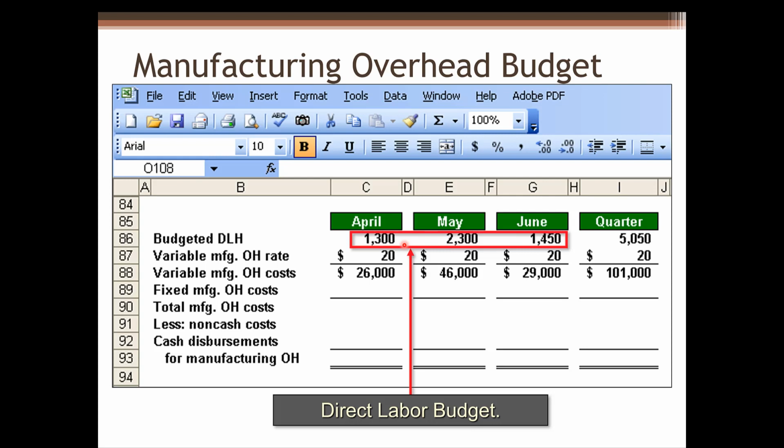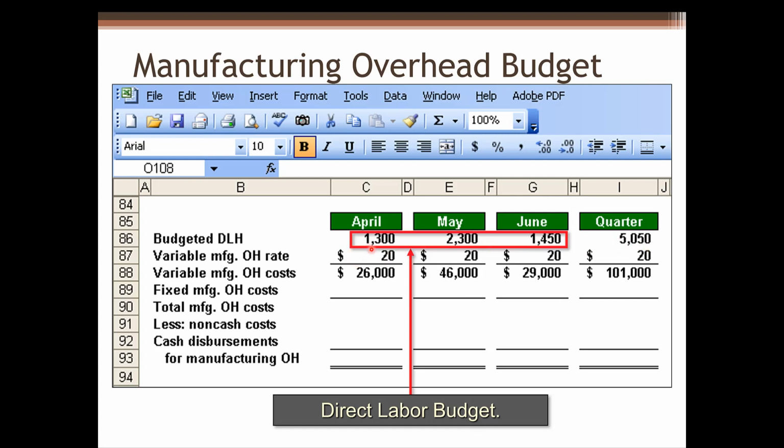Please note here, these are required direct labor hours to produce products to meet production requirements. We are not using the direct labor hours paid because for April and June, required direct labor hours are less than guaranteed labor hours. So, budgeted direct labor hours total for the quarter, 5,050 hours.